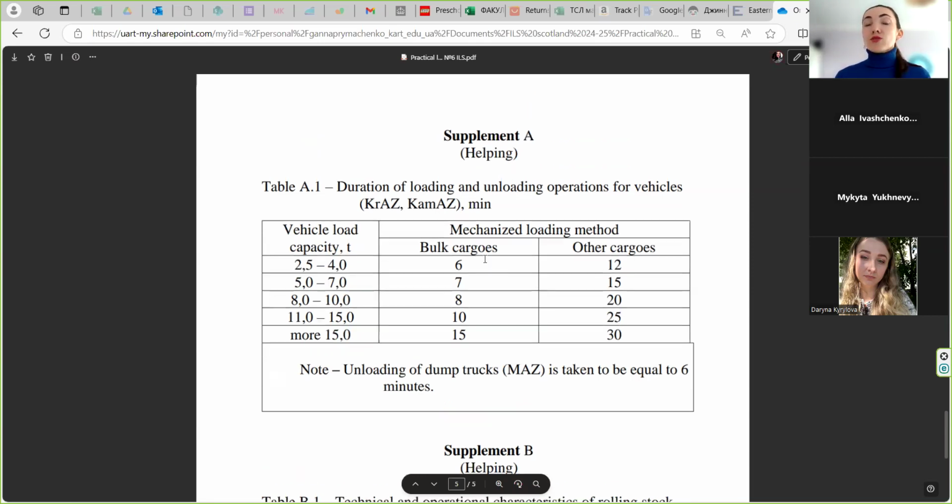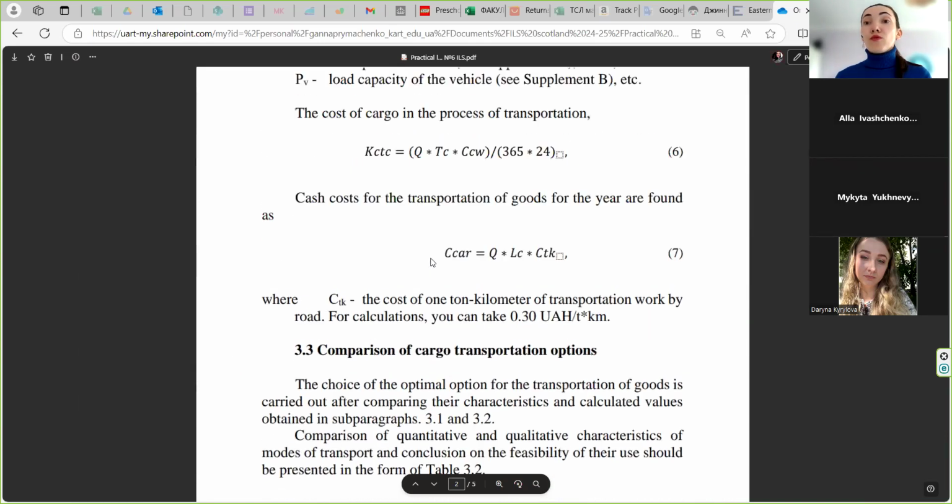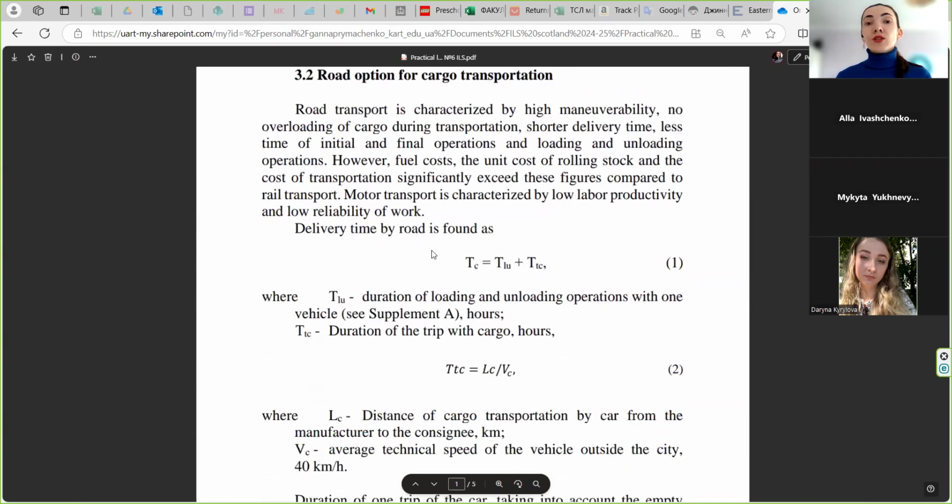Okay, I come back to our formula number 1. Okay, we found this big T with index LU. It is the duration of loading and unloading operations. And after it, we need to add such a parameter as T with index TC, which we find as a result of calculating our formula number 2.